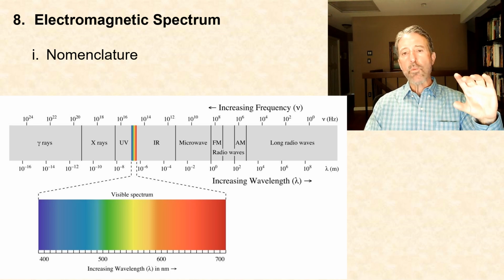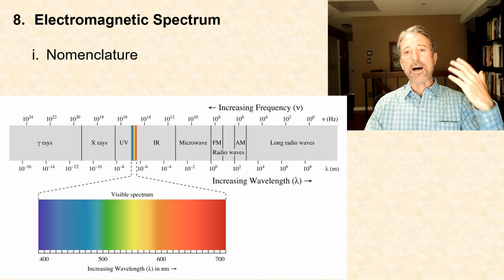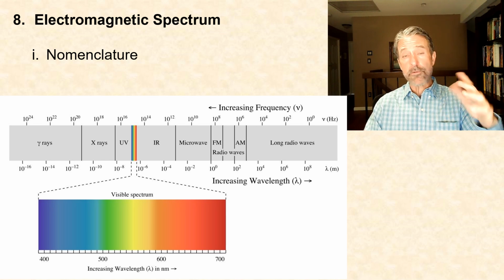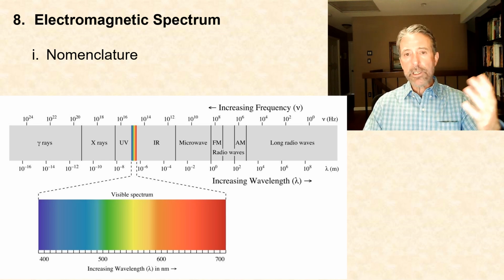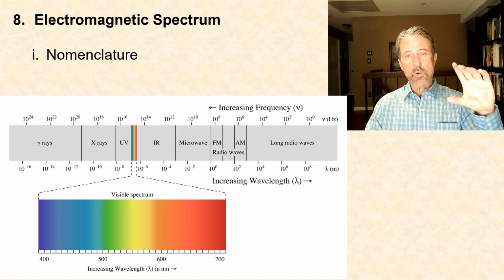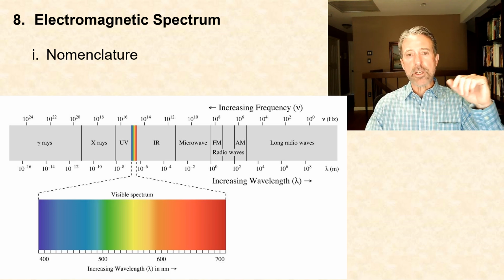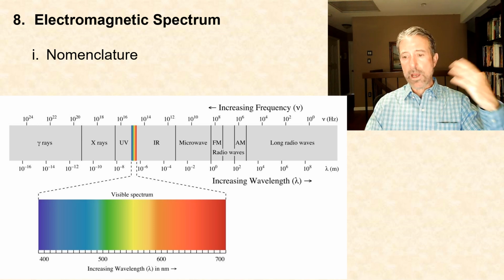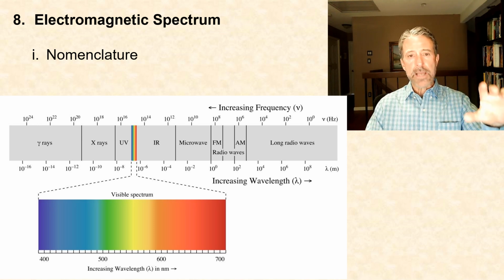Also, don't forget what you learned about the relationship between wavelength and frequency in the unit you did on wave theory, where you were talking about mechanical waves. In other words, there is an inverse relationship between the wavelength of the wave and the frequency of the wave. You can see in the illustration that as you move to the left in the picture, the wave frequency increases while the wavelength decreases.